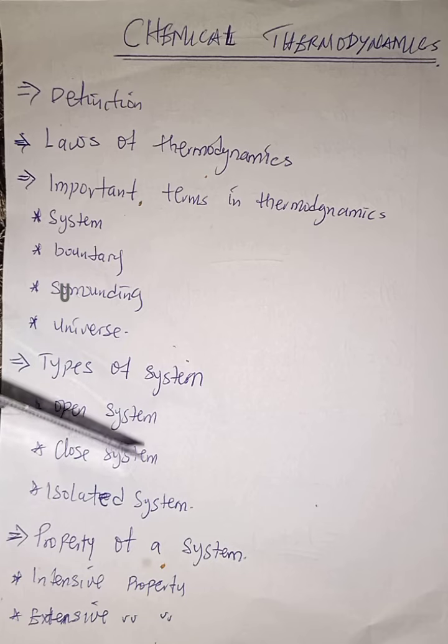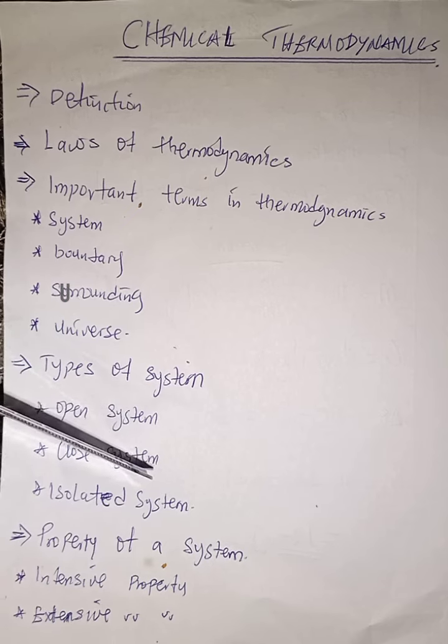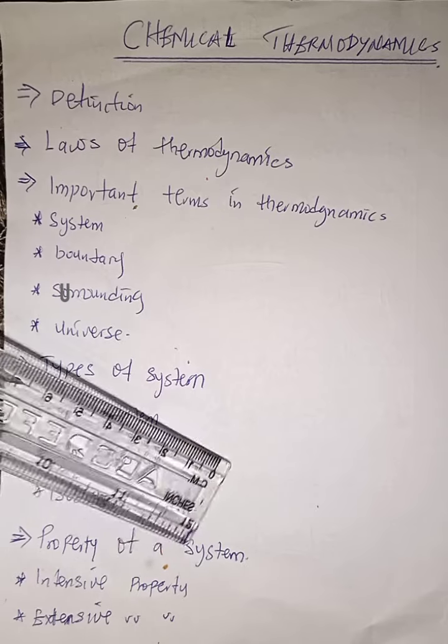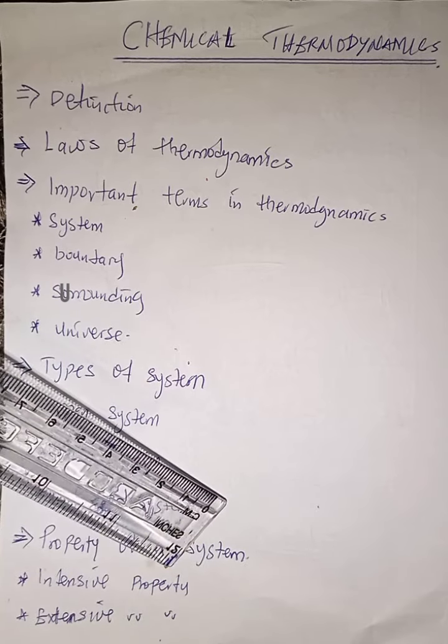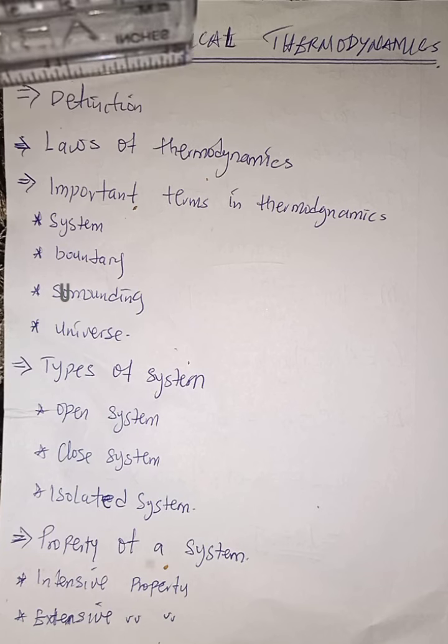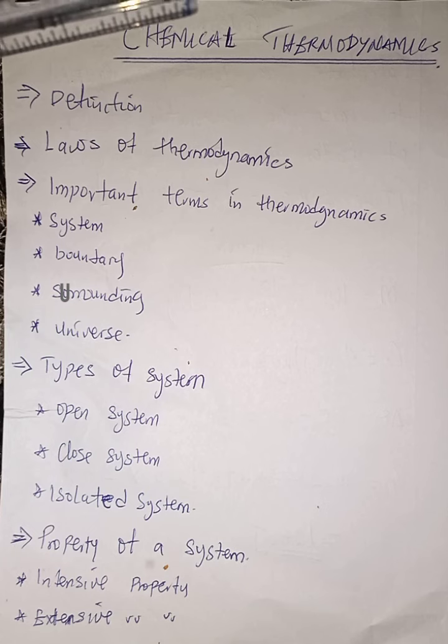Otherwise, we term it a closed system if it allows only the flow of energy, but not matter. So a closed system allows only the flow of energy, but not matter. An isolated system is a type of system that does not allow the flow of matter or energy.